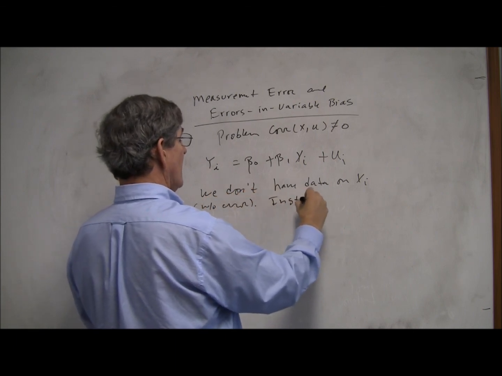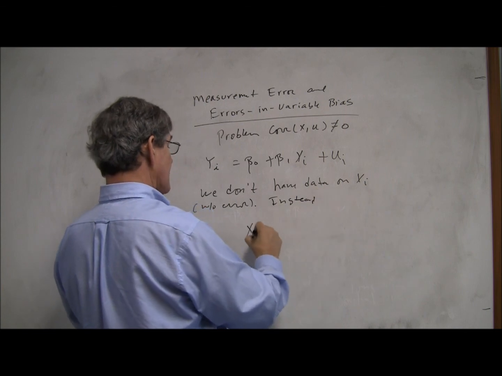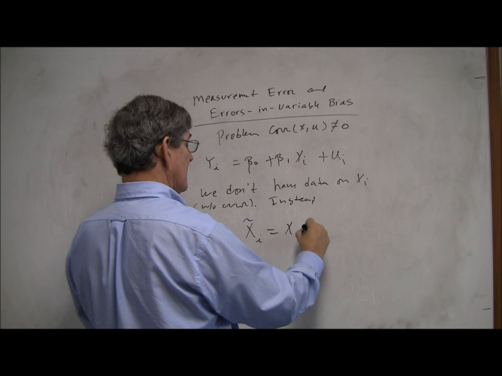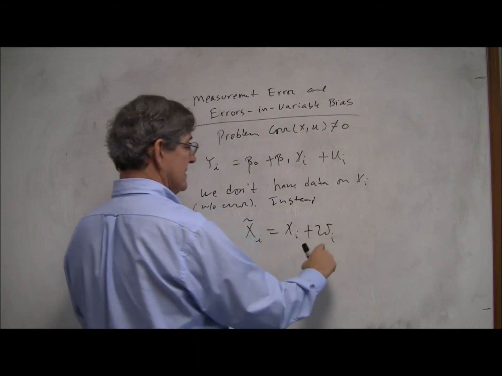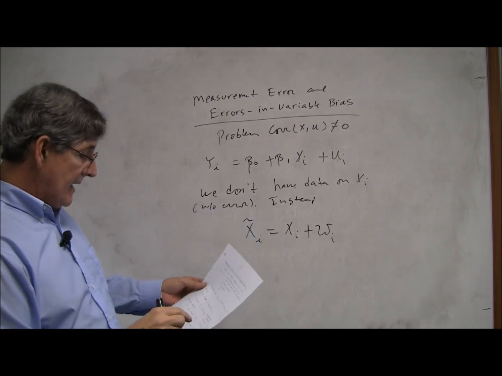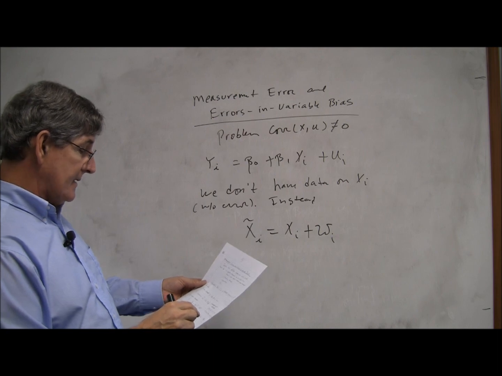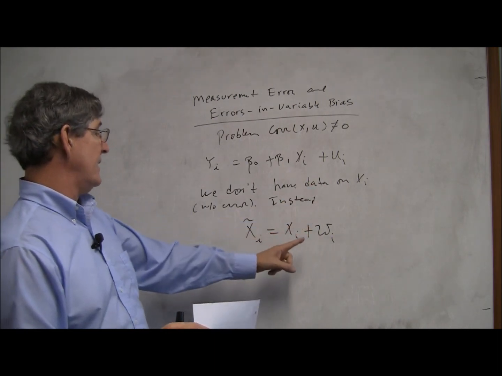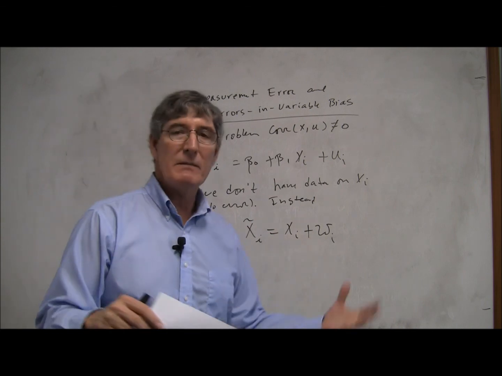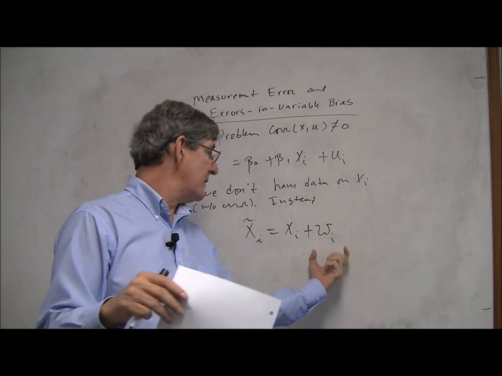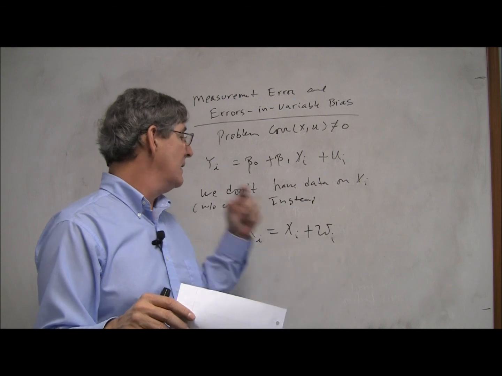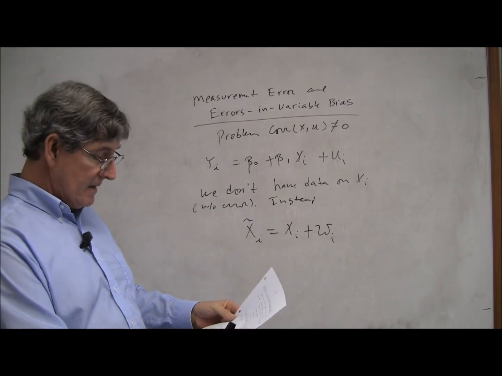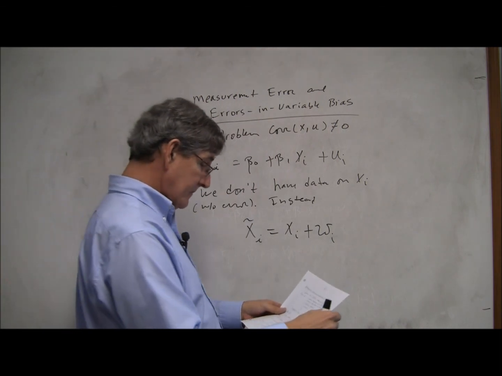Instead, what we have is x tilde i equals xi plus, and I'm going to use wi as the measurement error. Now, it's probably the case that measurement error might average out over a population, like we were saying with the income taxes. Some people guess too high, some guess too low. So if we average over all wi, that has a mean 0, but for any individual, it can be mismeasured.